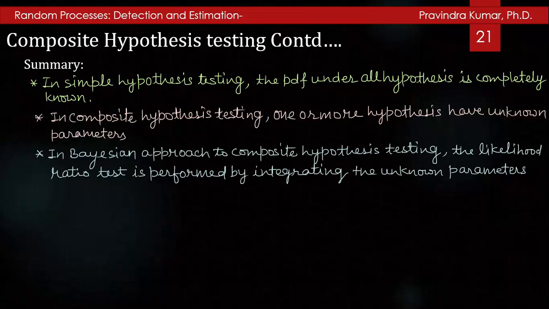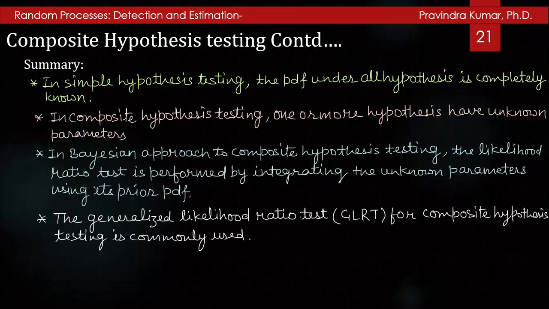In the Bayesian approach to composite hypothesis testing, the likelihood ratio test is performed by integrating out the unknown parameters using their prior PDF. This approach is a form of optimal detector, but in general it does not lead to a closed form derivation for the detector. The generalized likelihood ratio test (GLRT) forms the most commonly used approach for composite hypothesis testing.